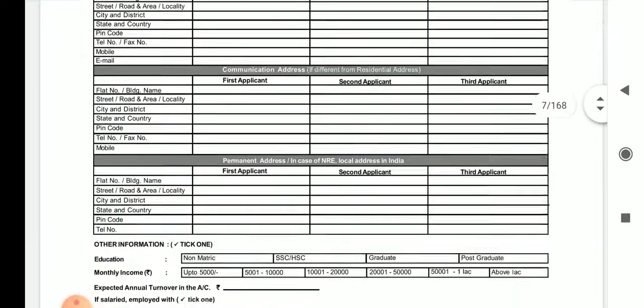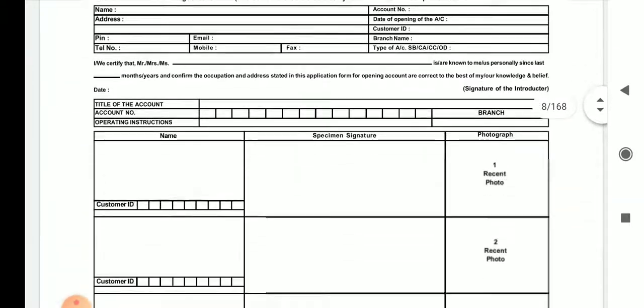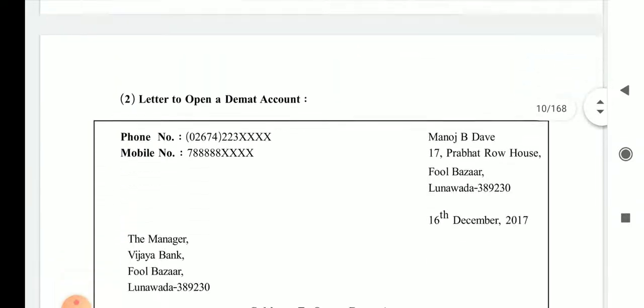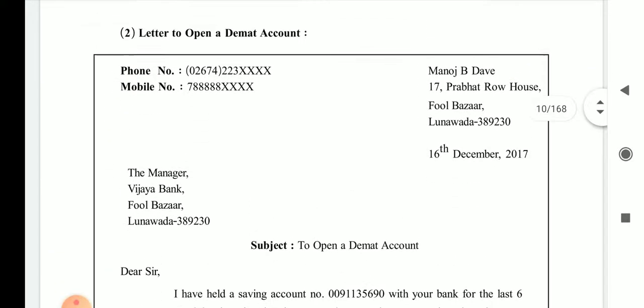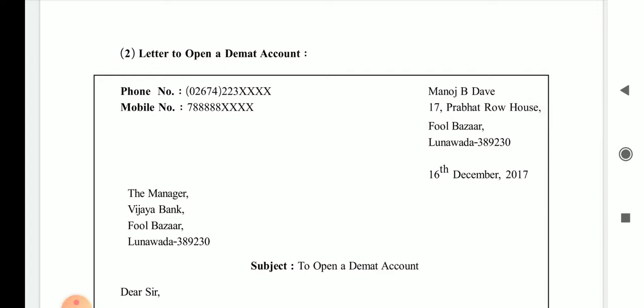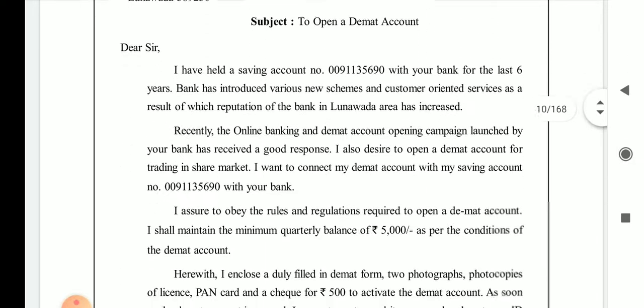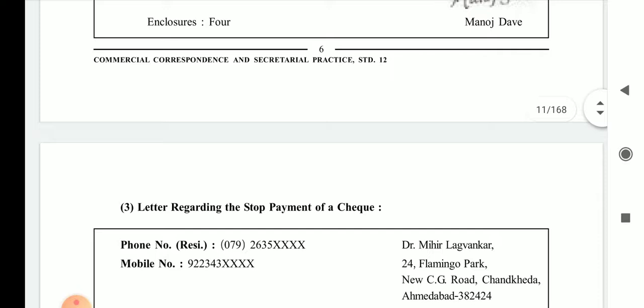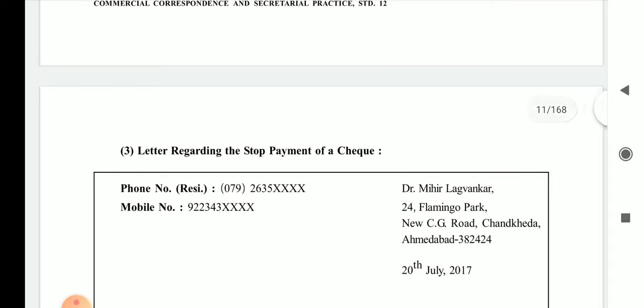Then we learned about the letter for opening a demat account, which is very important in the present era, and the writer of that letter is Manoj Dave. Then we learned about the letter for making a stop payment of a cheque.